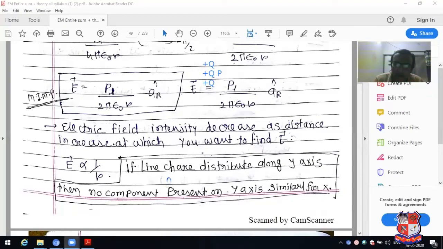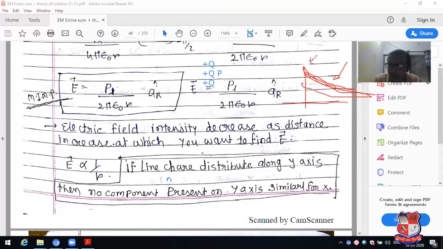Means what I am trying to say is, if you sketch this graph, then at R equal to 0 there is infinite field. But if the distance is increased, then the graph decreases progressively.